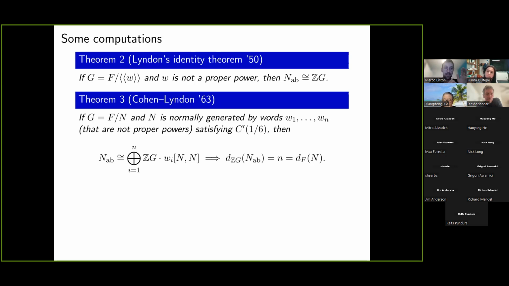Obviously, they didn't call it that back then, but this property implied that the relation module had this particularly nice form. And Arenas proved that this Cohen-Lyndon property holds also for C(6) small cancellation groups.